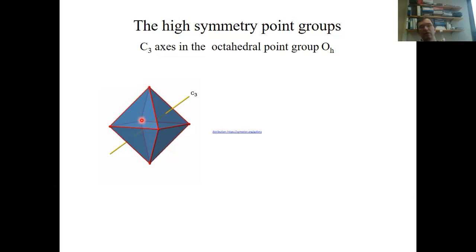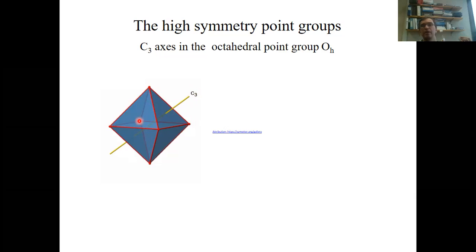So how many of these C3 axes do we have? Well, you see that we have 1 C3 per 2 faces in this case. So the overall number of C3 axes should be the number of faces divided by 2. So how many faces does an octahedron have? It has, as the name says, 8 faces.